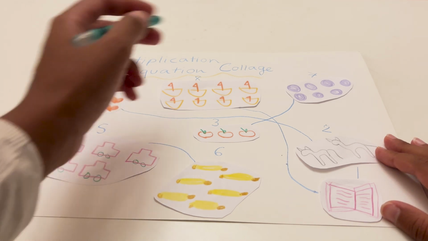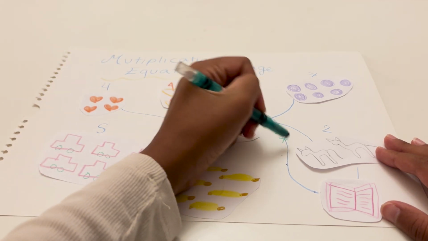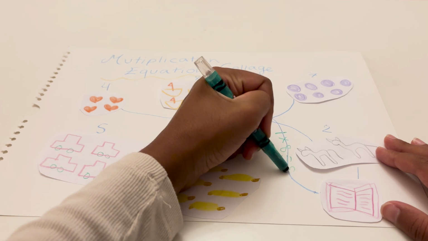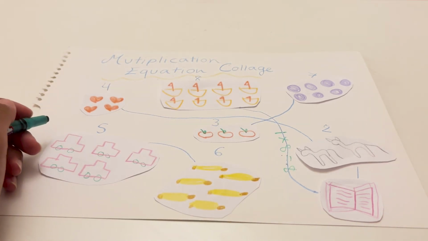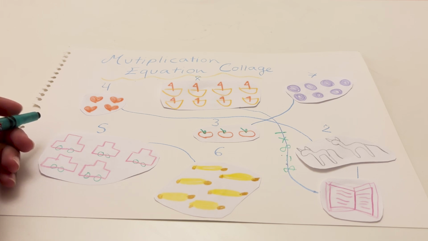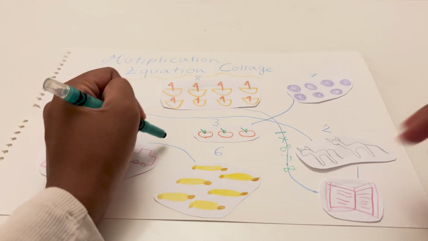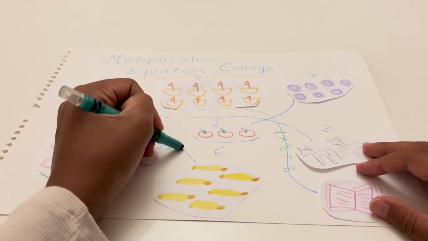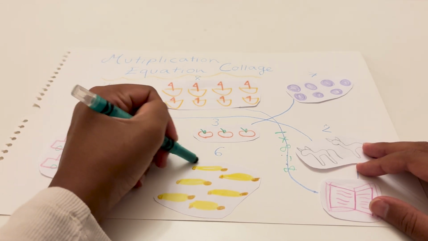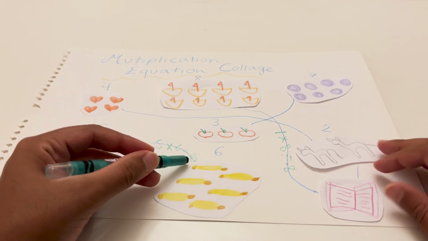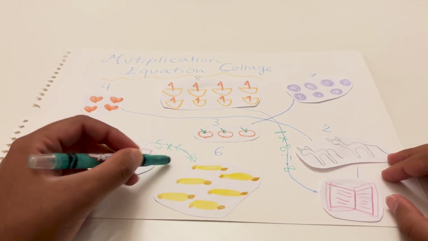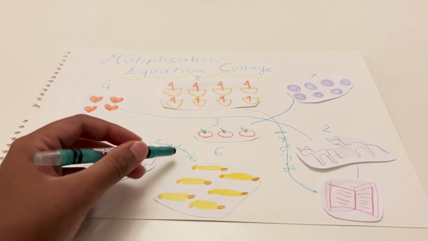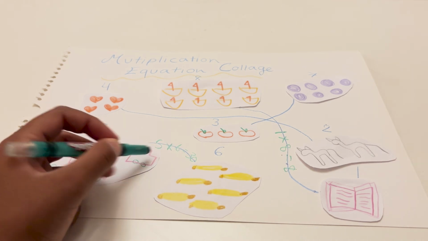So 1 times 8 is going to be 1 multiplied by 8 equals 8, and we can say 8 is 8 times as many as 1. Now, for the 5 times 6, we just do 5 times 6 equals 30, and we can say that 30 is 5 times as many as 6, and 6 times as many as 5.